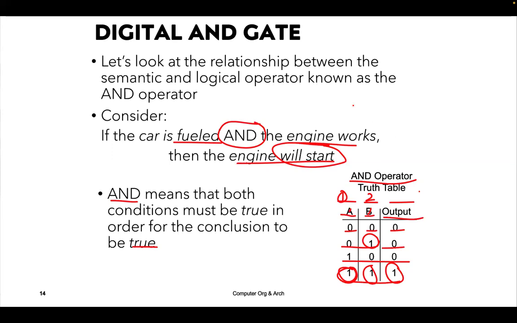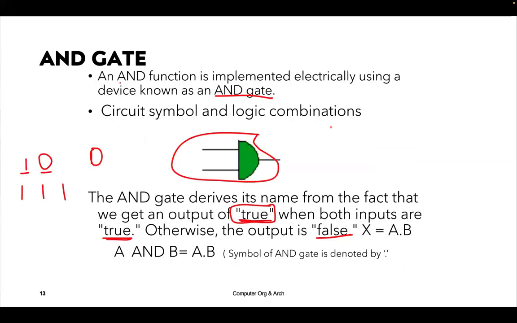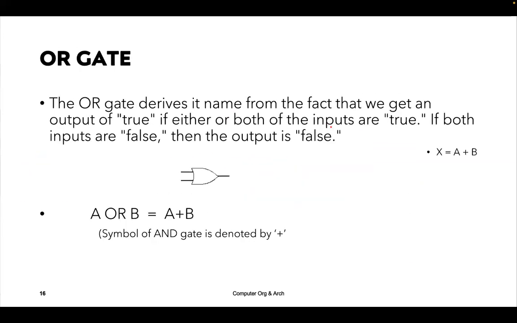So now when we go to the OR gate, as you hear, OR, let me see if I have some symbols here. Look here. The OR gate derives its name from the fact that we get an output of true if any of the two or both of the inputs are true.